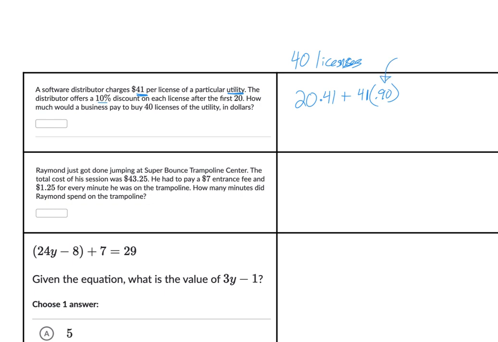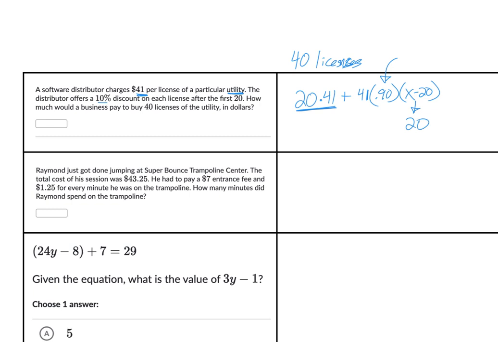This is my 10% off, because this is 90%, right? Times how many I purchase minus 20. Now I'm using this because I already know they purchase more than 20.